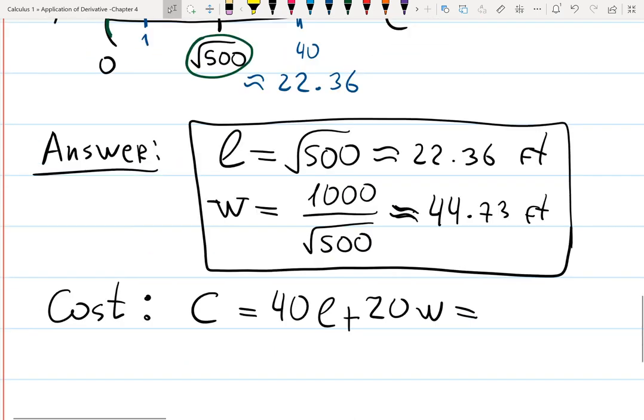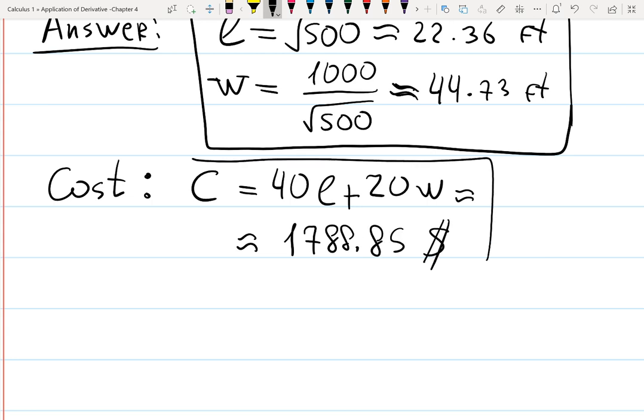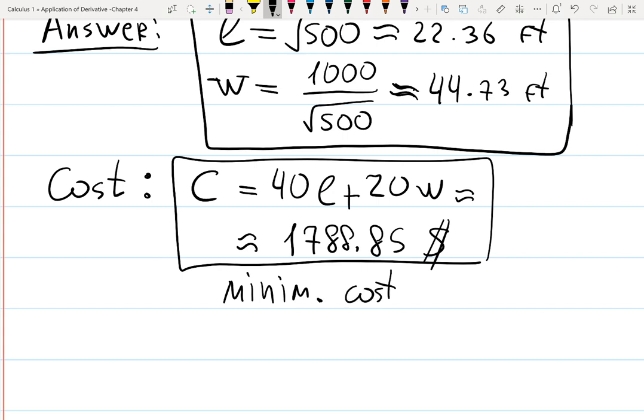Plug in your numbers and you will find that the client will spend approximately $1,788.85. What are the units? Dollars, because it's a cost function. That's my minimum cost.